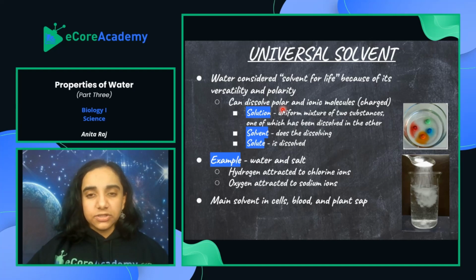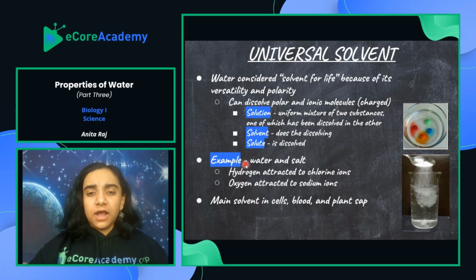Water can dissolve them because remember, like dissolves like, we talked about in the last video. It can also dissolve charged or ionic molecules like NaCl, sodium chloride. Sodium and chlorine form an ionic bond, so they are ionic, so water can dissolve them as well.